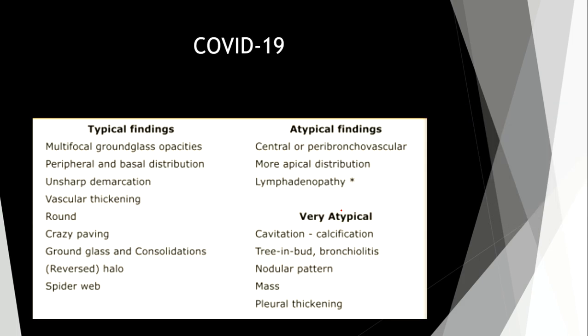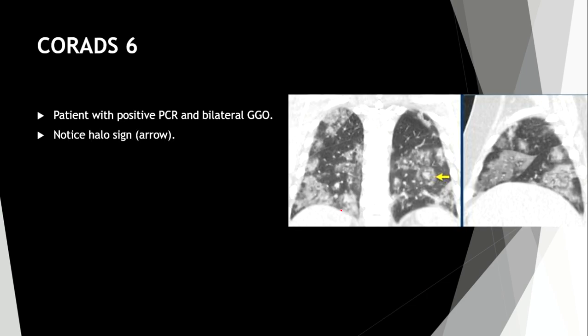So what are the COVID-19 typical findings? It's multifocal ground glass opacities, peripheral and basal distribution, unsharp demarcation, vascular thickening, rounded, crazy paving pattern, ground glass and consolidations, a reversed halo. The halo sign is when we see a lighter halo and a less dense part in the center of the halo.